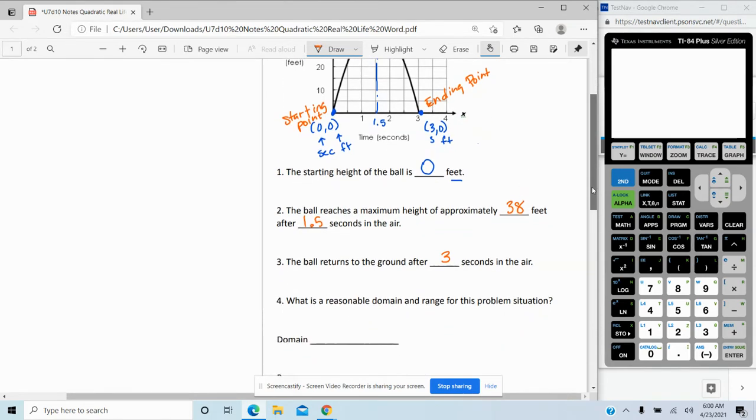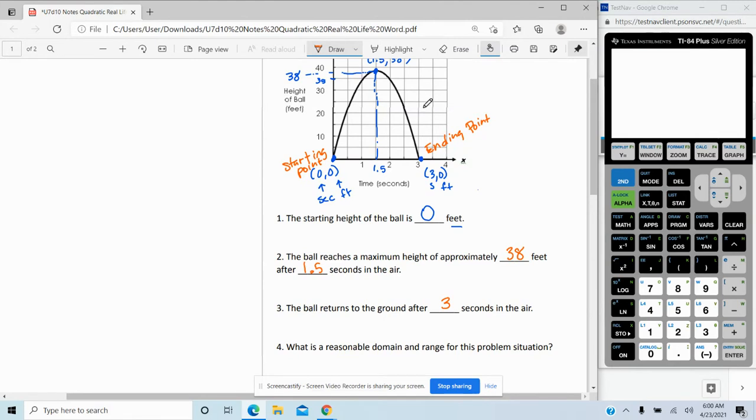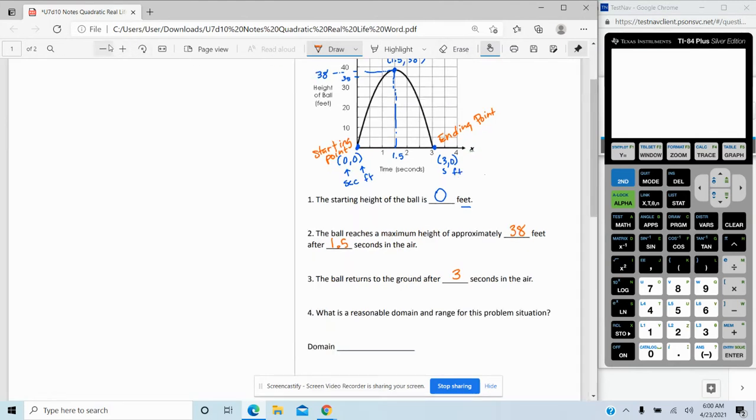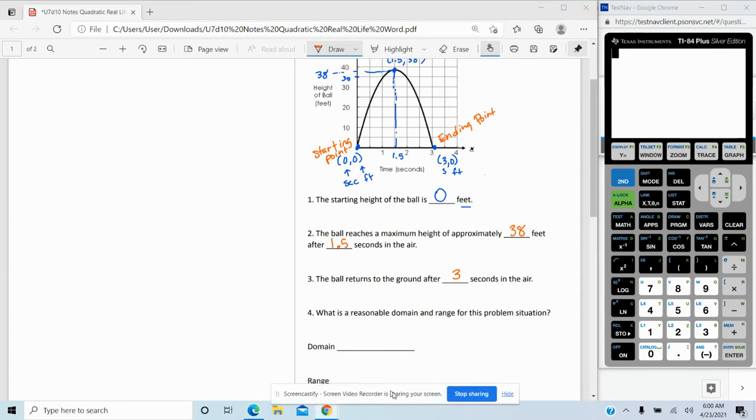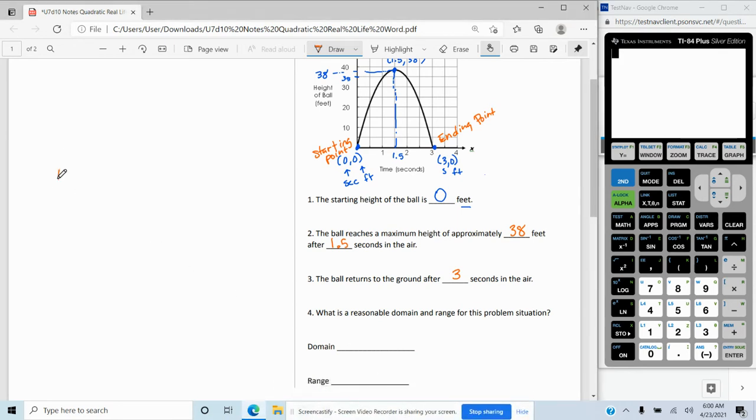So if you recall with Dixie Royd, let me zoom out a little bit so we can see it all. Just to refresh my brain, I've got Dixie Royd, and I have domain and range.